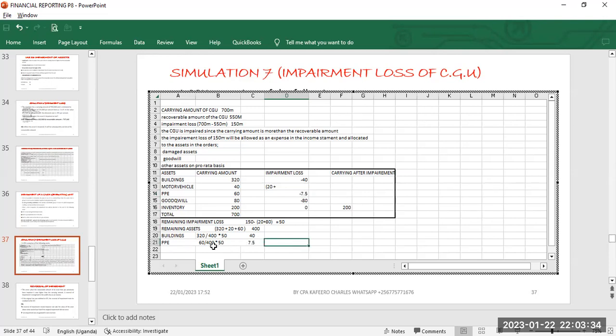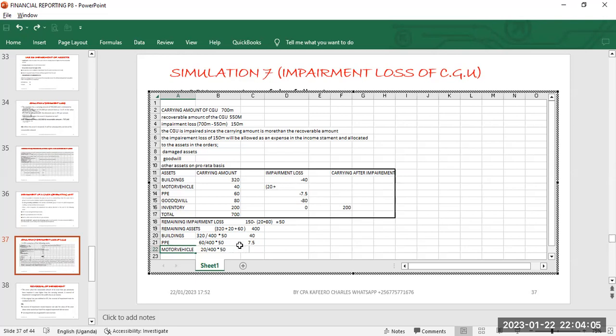Then when you are done with that, we go to the next item, which is the motor vehicle. Remember, this motor vehicle now is going to be the balance that remained, which is 20 divided by 400 million, multiplied by 50 million.